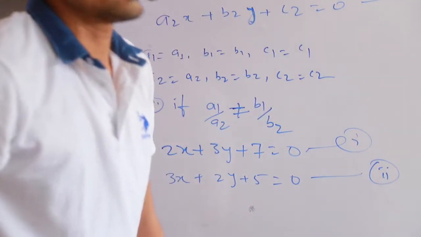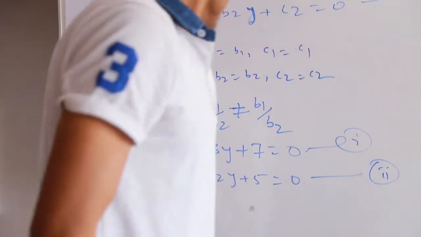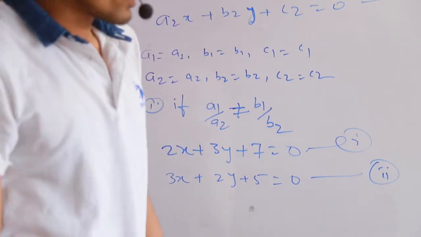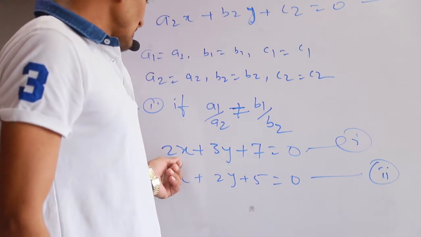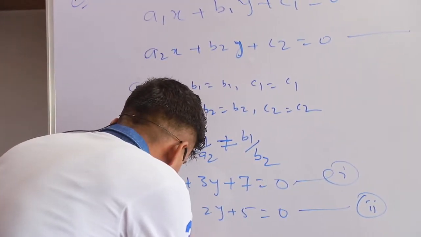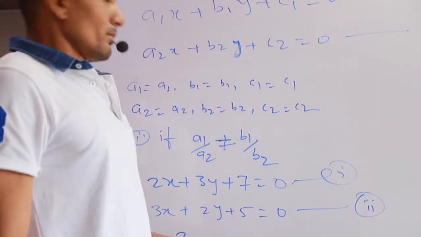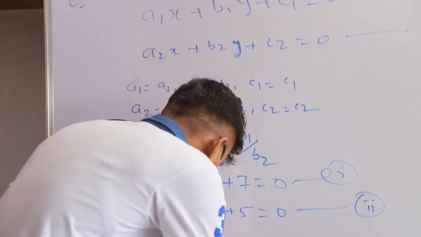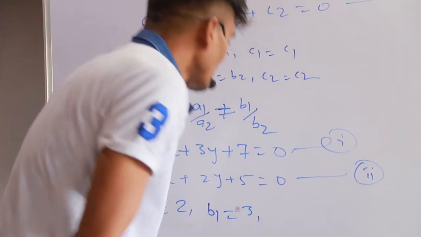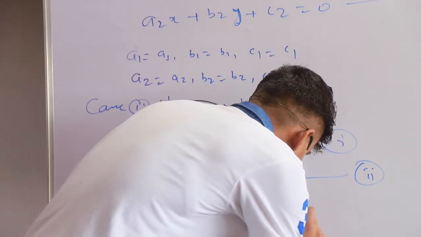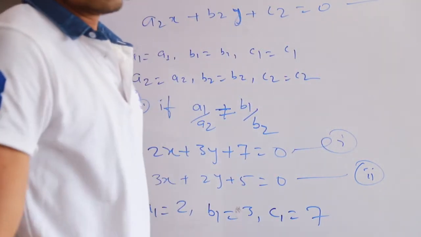Here we will write the values of a1, a2, b1, b2 and c1, c2. a1 is the coefficient of x, so a1 is equal to 2. b1 is the coefficient of y of the first equation, that means b1 is equal to 3. c1 is the constant term of the first equation, so c1 equals 7.